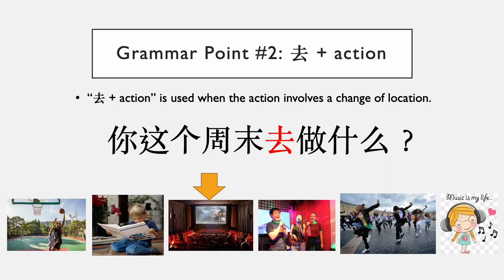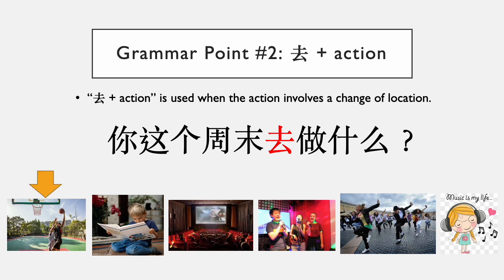So let's practice a bit more, and please reference the orange arrows below to answer the question. So the question is, 你这个周末去做什么？ And if you wanted to say, I'm going to go watch a movie, you would say, 我这个周末 this weekend 去看电影。好，你这个周末去做什么？ And if you were going to go dancing, you would say, 我这个周末去跳舞。 What about if you were going to go play ball?